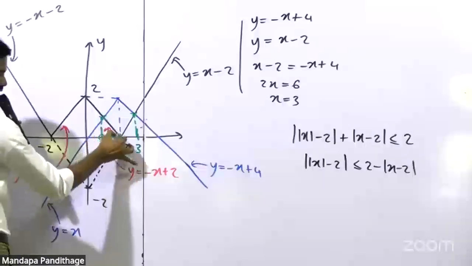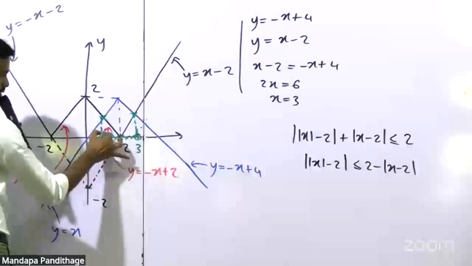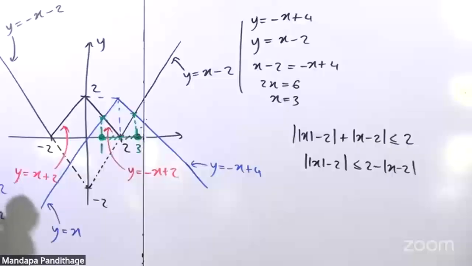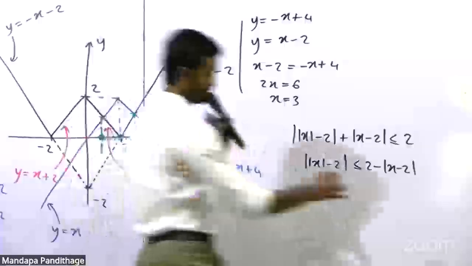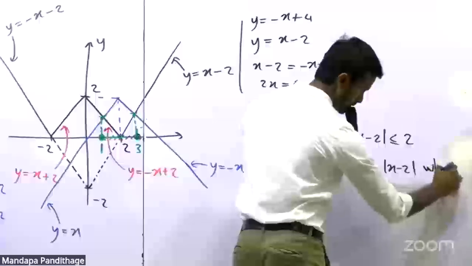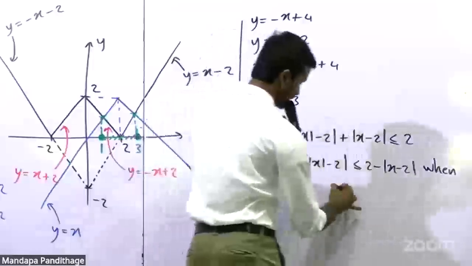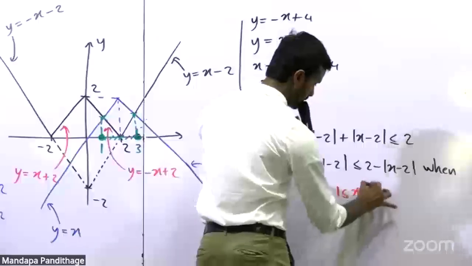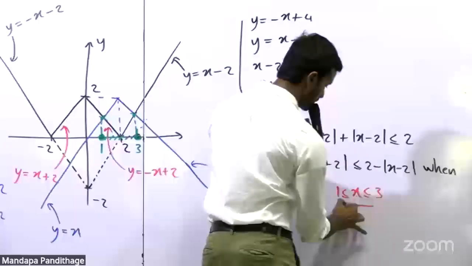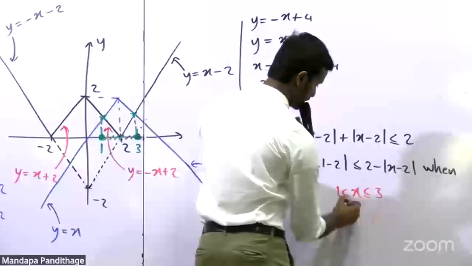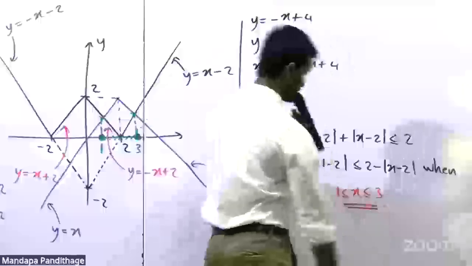The blue colored one is greater only in between this range. So you can say this is when x is greater than or equal to 1 and less than or equal to 3. So you get this.